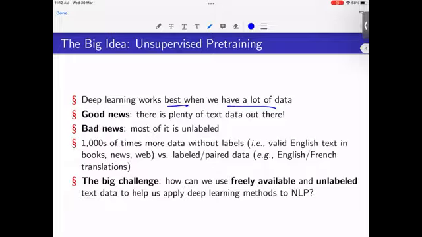But data has been a key stimulus. Deep learning works best when we have a lot of data, and not only data, it's labeled data, right? That's what we have seen till now.